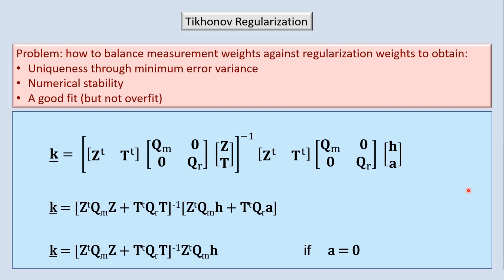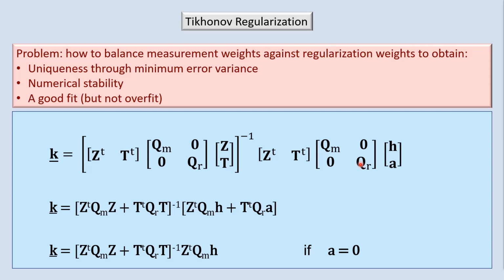We have a problem of how to balance the weights that we assign to the measurements against the weights that we assign to the regularization observations, the regularization constraints. The weights are embodied in the QM and the QR matrices.